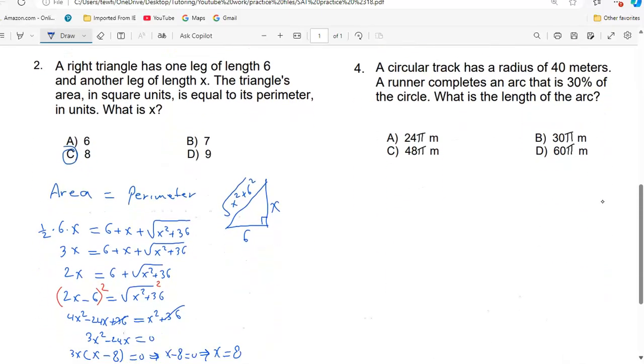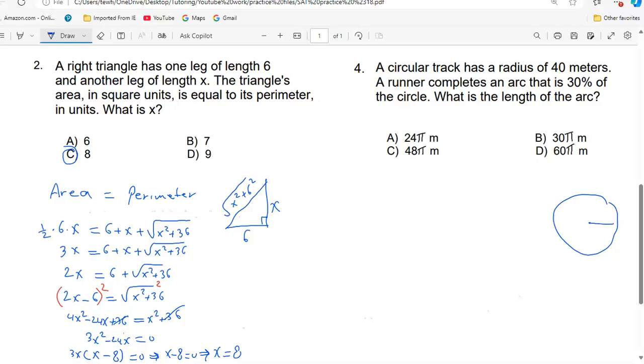And for number 4, you can give it a try. For number 4, a circular track has a radius of 40 meters. A runner completes an arc that is 30% of the circle. What is the length of the arc? So here is a track, looks like that, circular shape, and we have the radius.